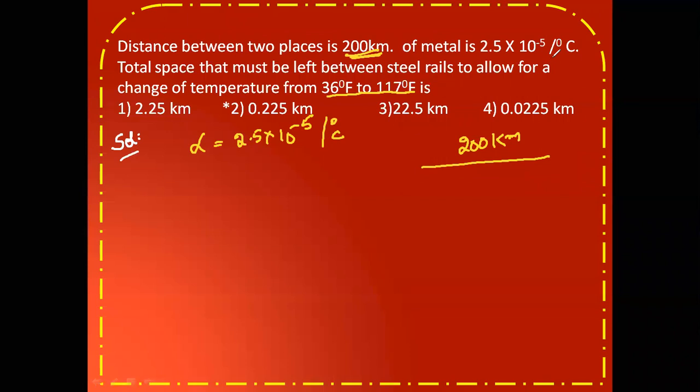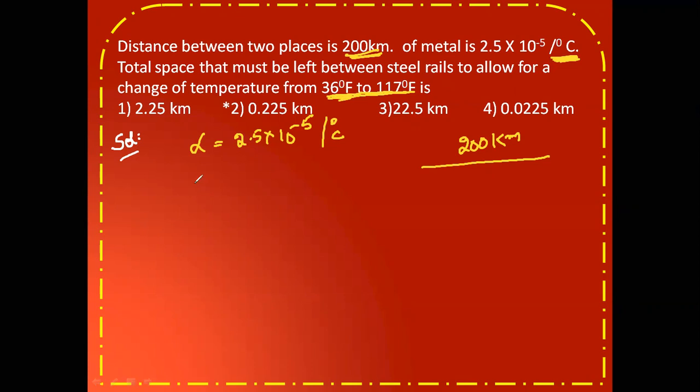But here the value of alpha they gave is in terms of degrees Celsius. This is very important. So either you can convert the alpha value in terms of degrees Fahrenheit, or else you have to convert the degree Fahrenheit into degrees Celsius.